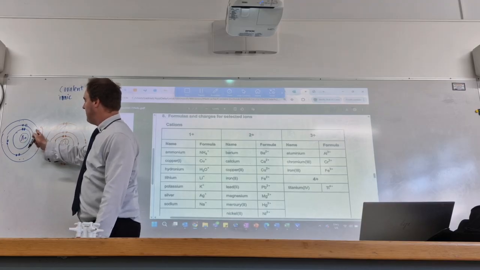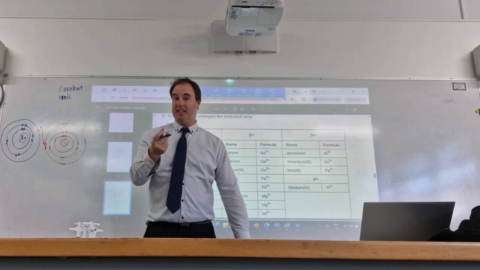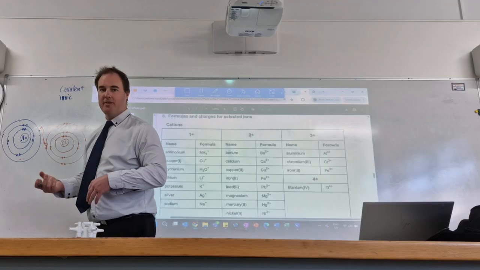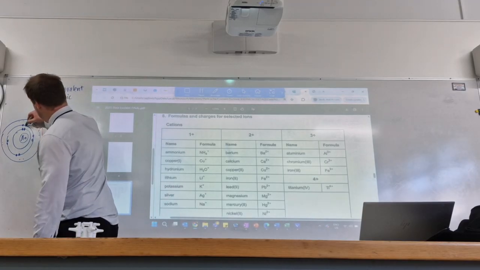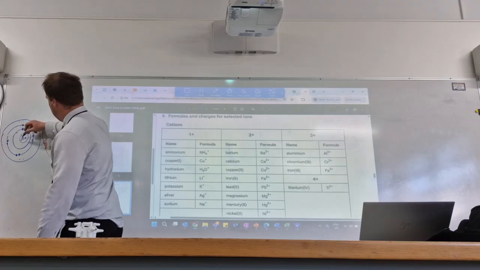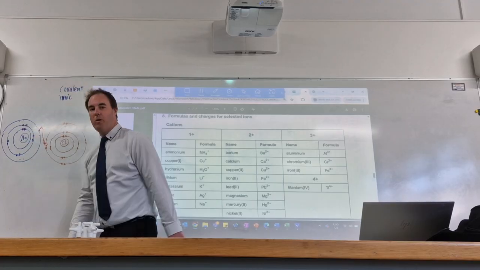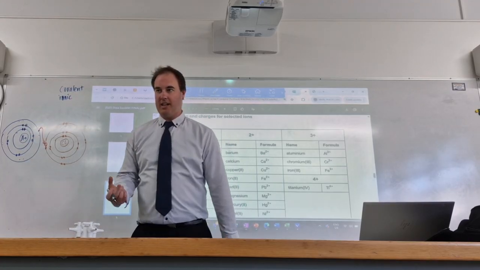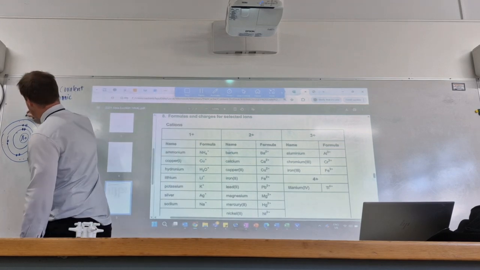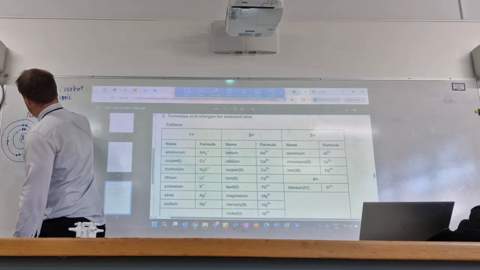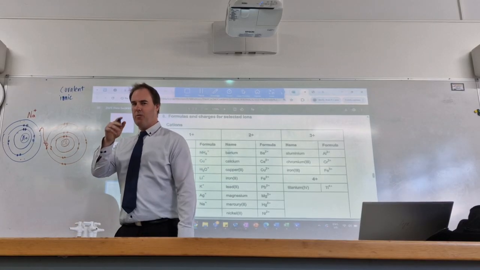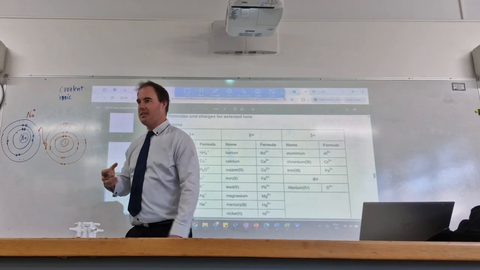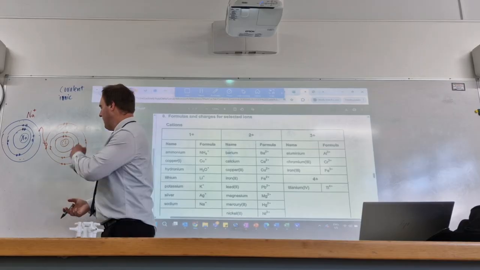Because sodium is giving away an electron, and electrons are negatively charged. Remember, protons are positive, neutrons don't have a charge, and electrons are negative. So all these electrons are negatively charged. Sodium is giving away one of these electrons that's negatively charged. So as a result, it now becomes a sodium ion, and it has a plus charge, or +1. We don't really write the 1, but it's Na+, because it's given away 1 electron.